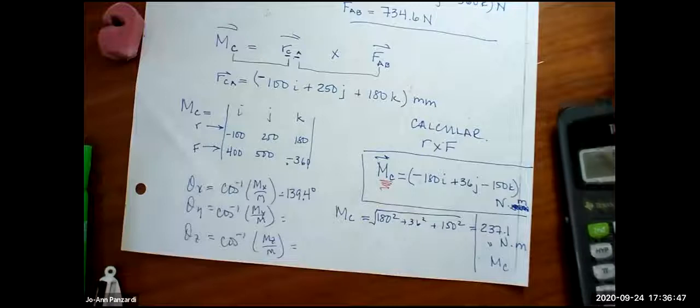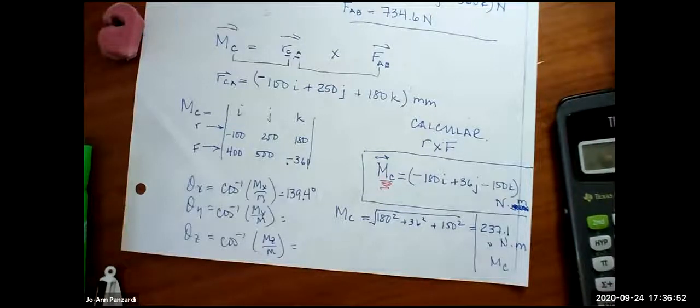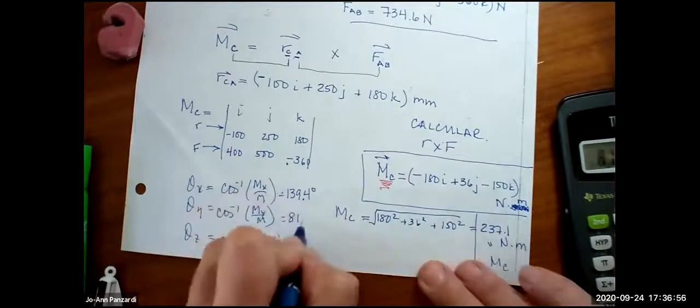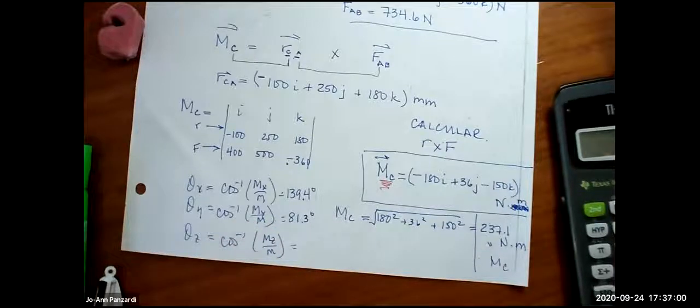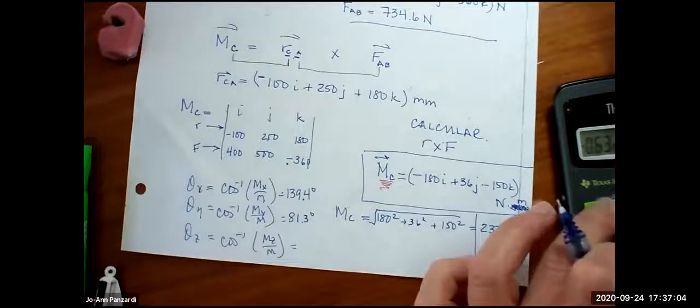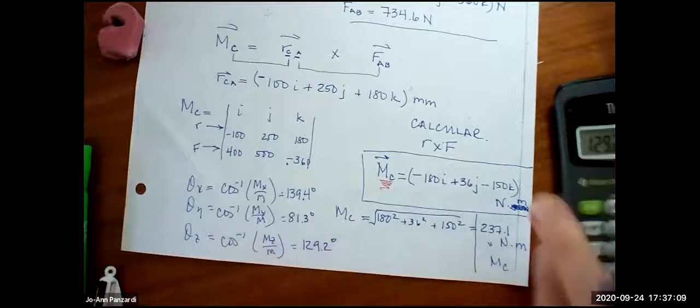Keep using those to 1 decimal place. 36 divided by 237.1 inverse cosine, 81.3 degrees. And negative 150 divided by 237.1 equals inverse cosine, 129.2 degrees. That's what I get.